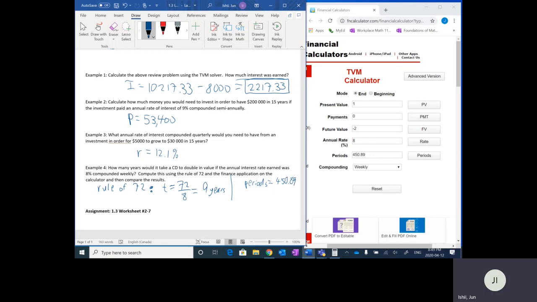Since it's weekly, to convert it to years, I'm going to have to divide this by 52. So the 450.89 is the number of weeks.